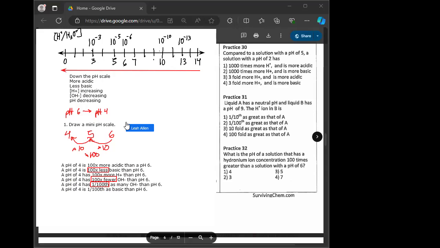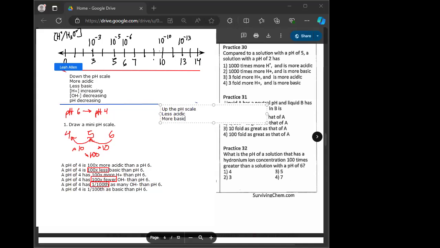Okay, now let's talk about going the other direction, going up the pH scale. In that case, we're becoming less acidic, more basic. The hydrogen ion concentration is decreasing.